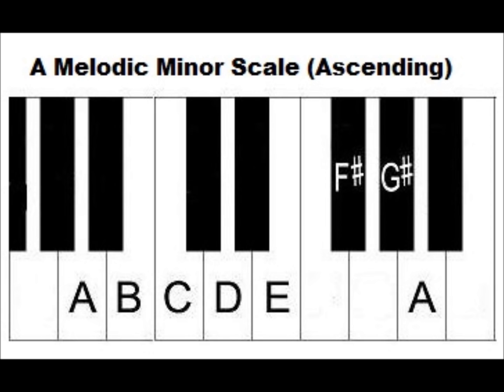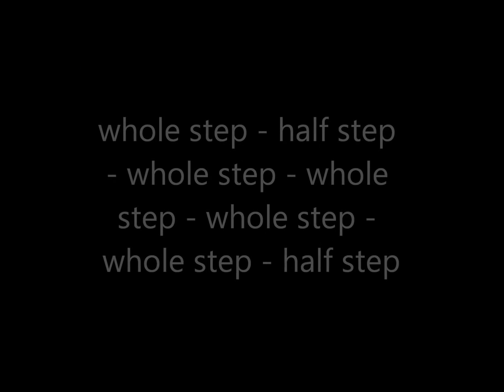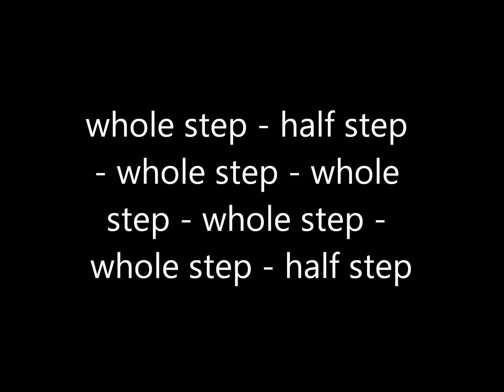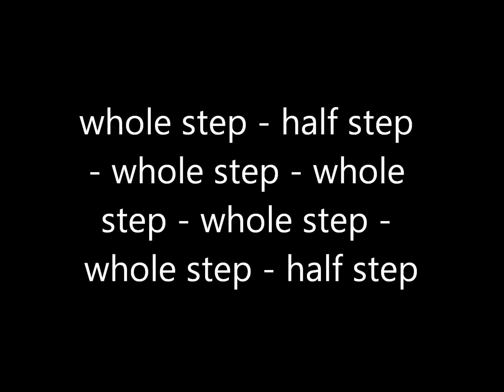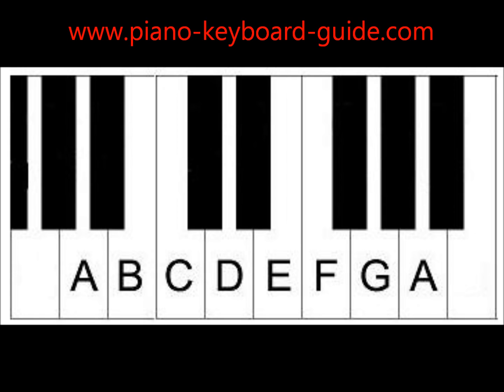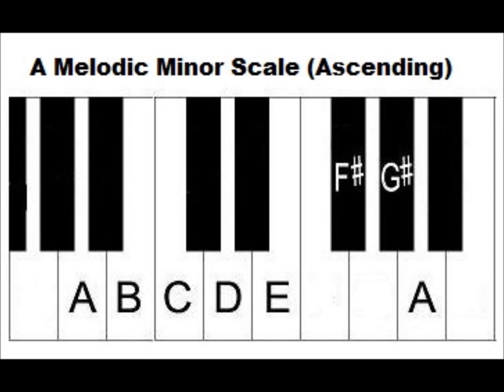The formula for a melodic minor scale is whole step, half step, whole step, whole step, whole step, whole step, half step, or W, H, W, W, W, W, H. The descending formula is the natural minor scale formula backwards.